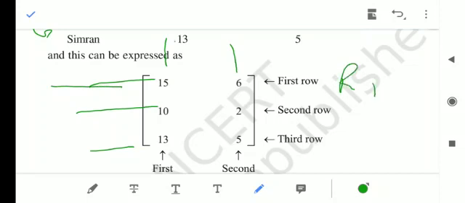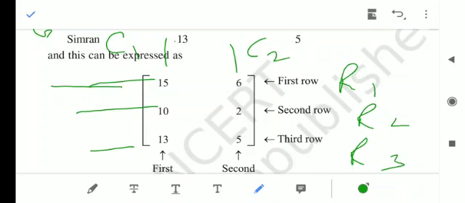The second row is represented by R2 and the third row by R3. The first vertical line is column 1 and the second is column 2. So in this rectangular arrangement there are 3 horizontal rows and 2 vertical columns.